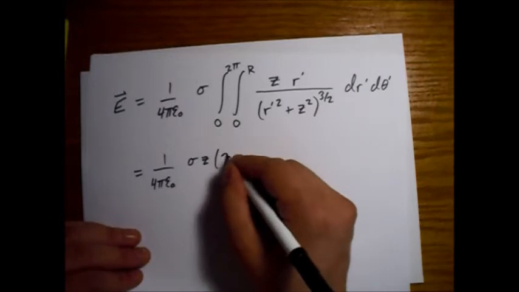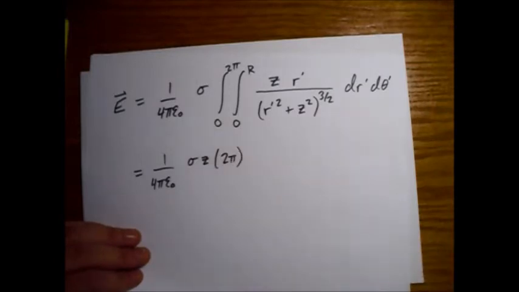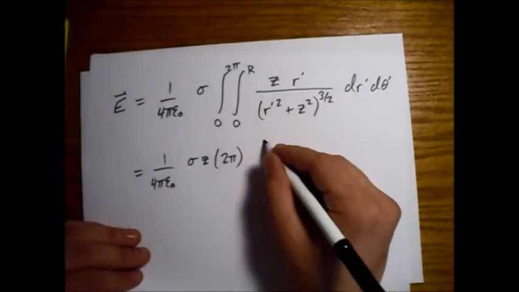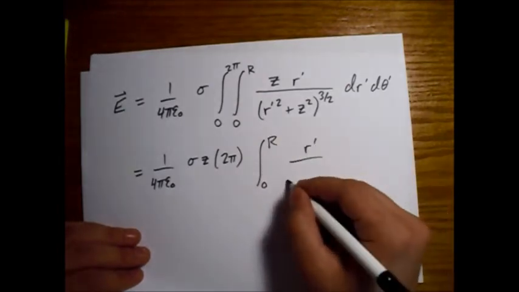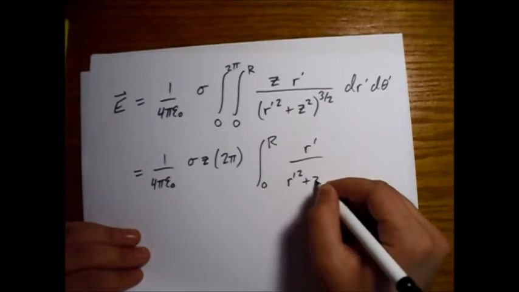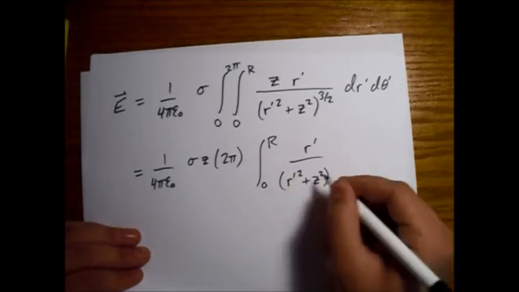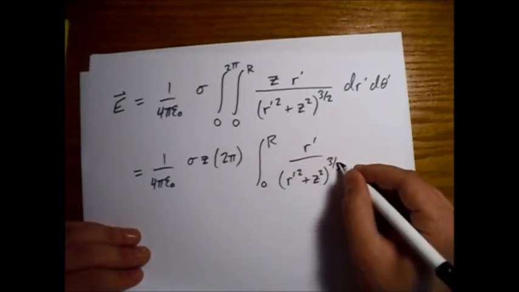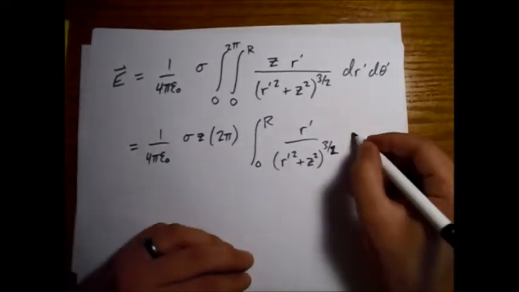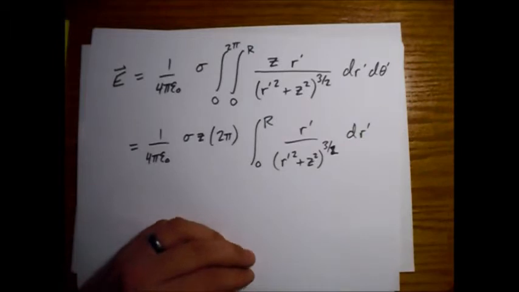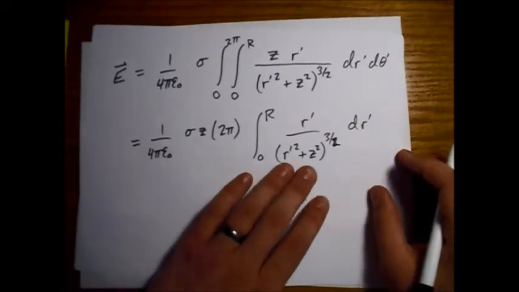And now we are left only with this integral from 0 to big R of r prime over r prime squared plus z squared to the 3/2 power, integrating with respect to dr prime.